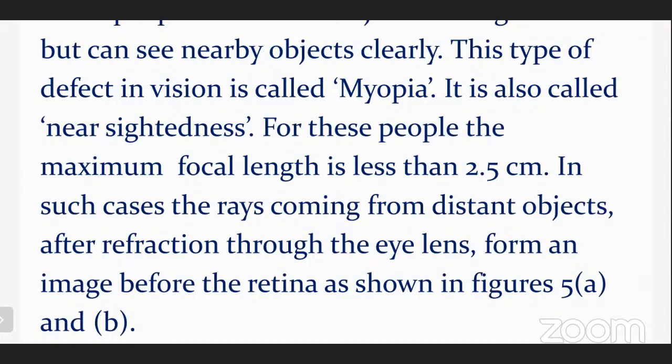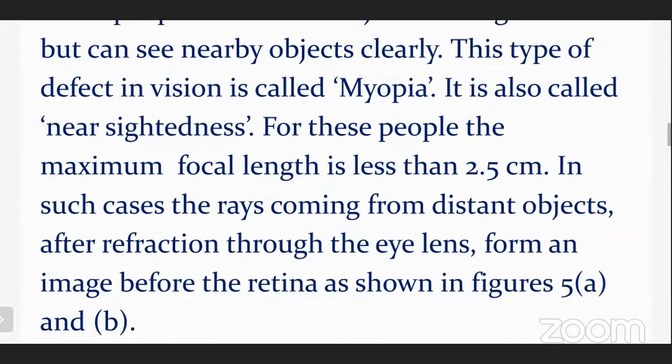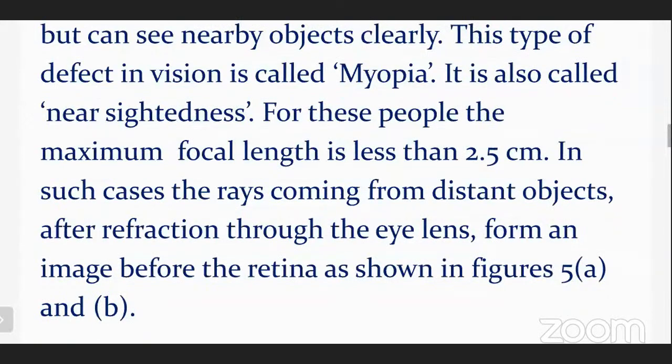But for some people, it is less than 2.5 centimeter, so they can't see distant objects. That defect is called myopia. In such cases, the rays coming from a distant object, after refraction through the eye lens, form an image before the retina.